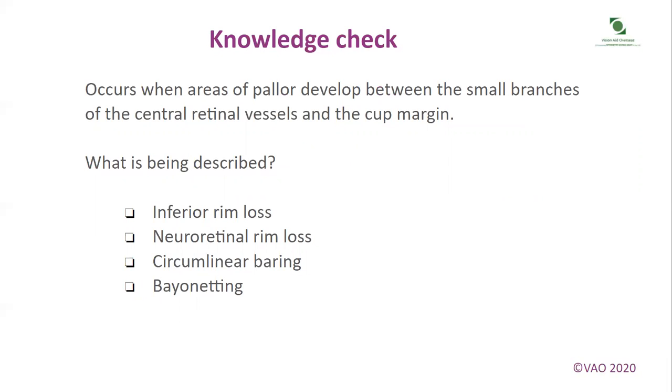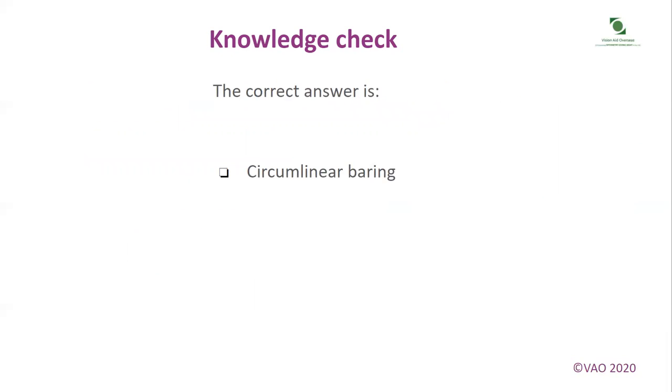And this occurs when areas of pallor develop between the small branches of the central retinal vessels and the cup margin. What is it that we are describing? Inferior rim loss, neuroretinal rim loss, circumlinear bearing, or bayoneting? And this one is circumlinear bearing.